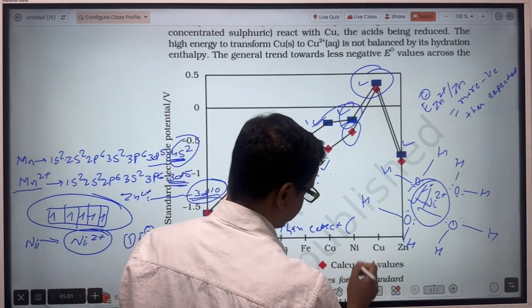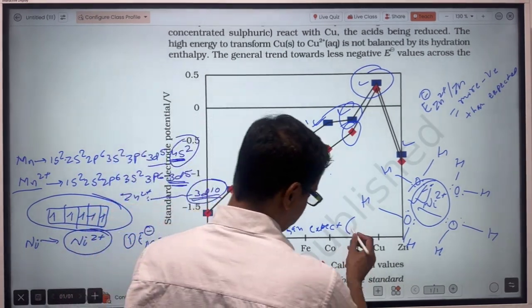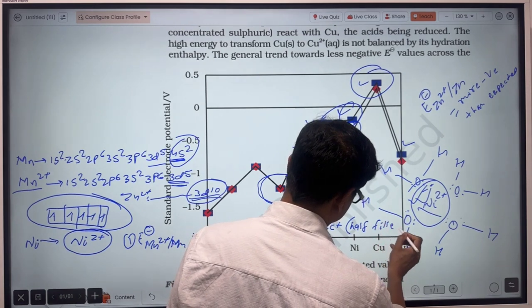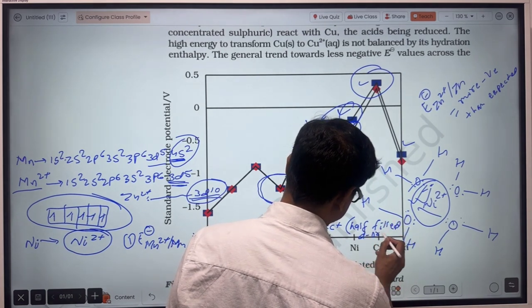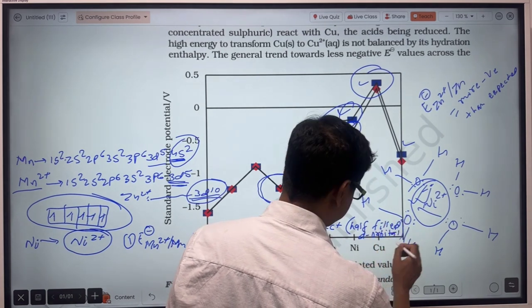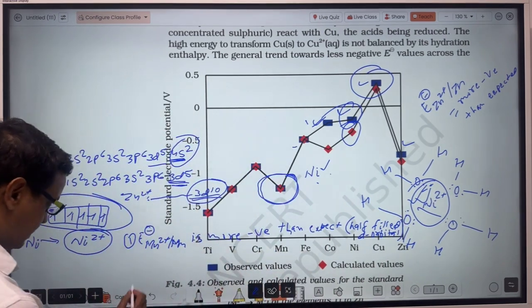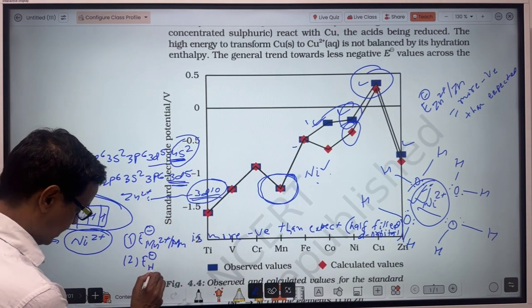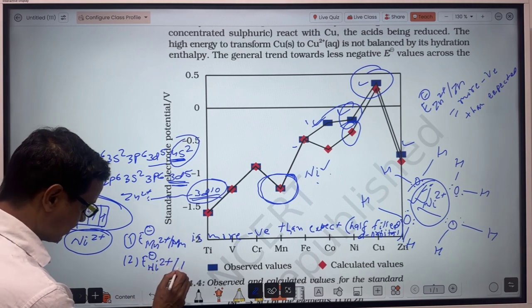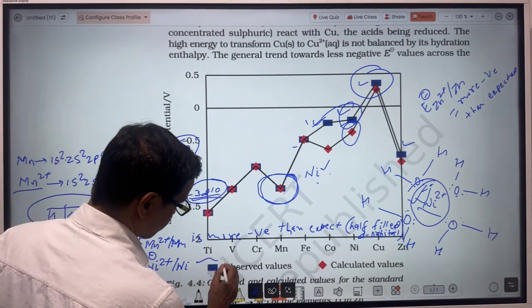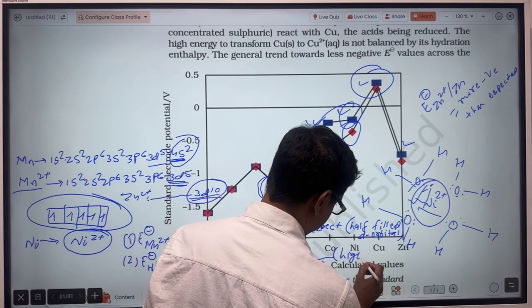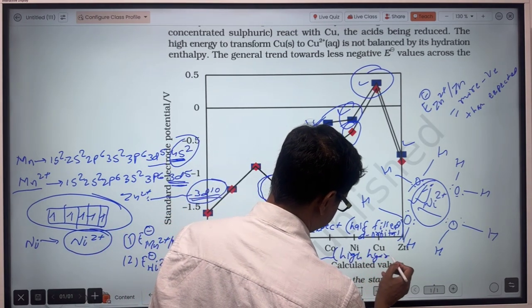In short, you may write the reason: half-filled d orbital. The second is the standard electrode potential of Ni2+/Ni, which is also more negative than expected. The reason is high hydration enthalpy.